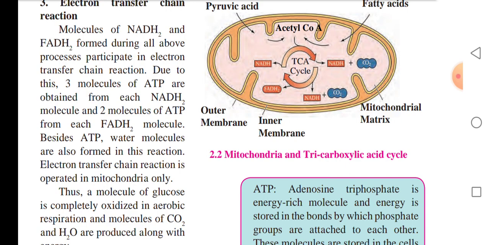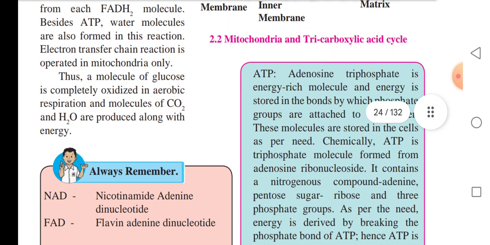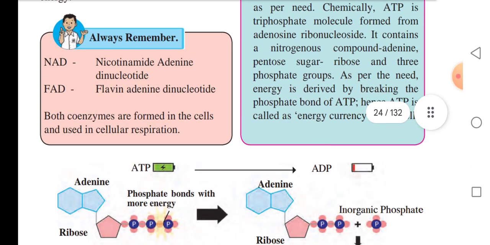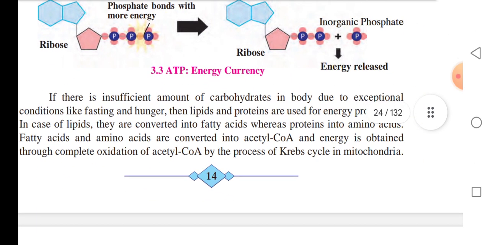The electron transfer chain reaction is operated in mitochondria only. Thus, a molecule of glucose is completely oxidized in aerobic respiration, and molecules of CO2 and H2O are produced along with energy. This can come as an extra question, especially from this part till energy. I want everybody to underline it in the textbooks.